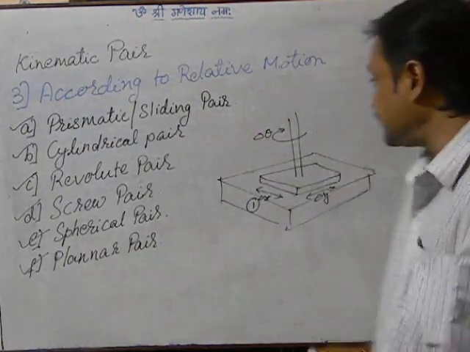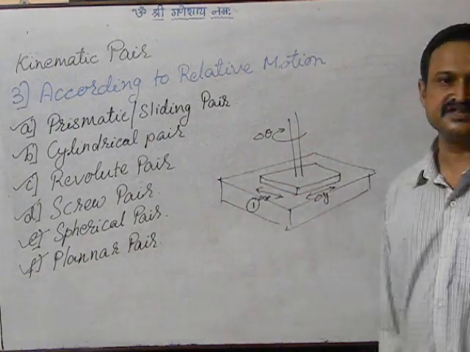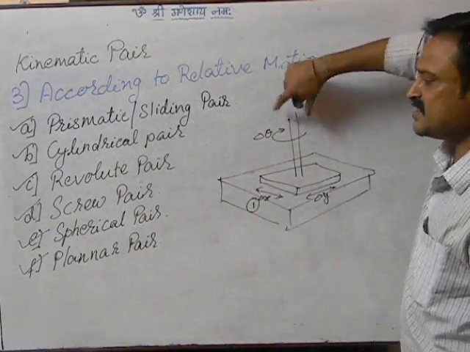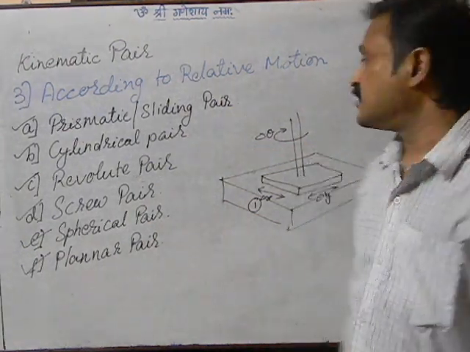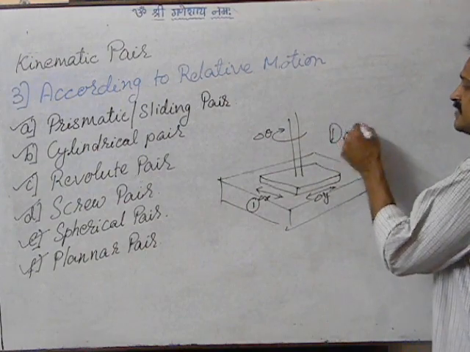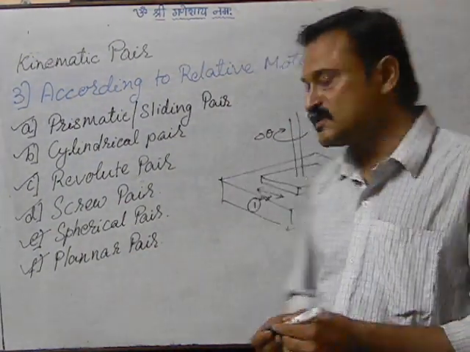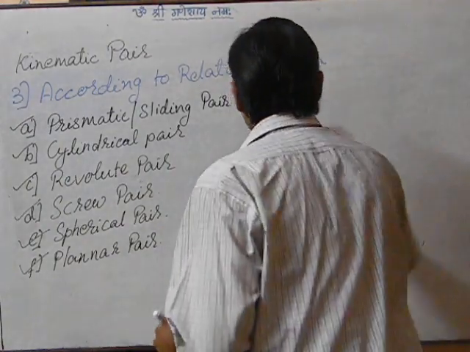So in this case, 2 independent motions are linear and 1 independent motion is rotational. They are all independent, so it will have a degree of freedom 3. So that is what we have seen in today's discussion.